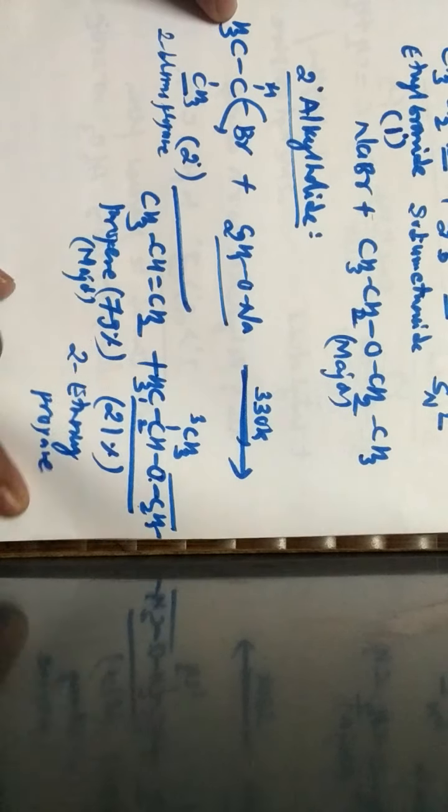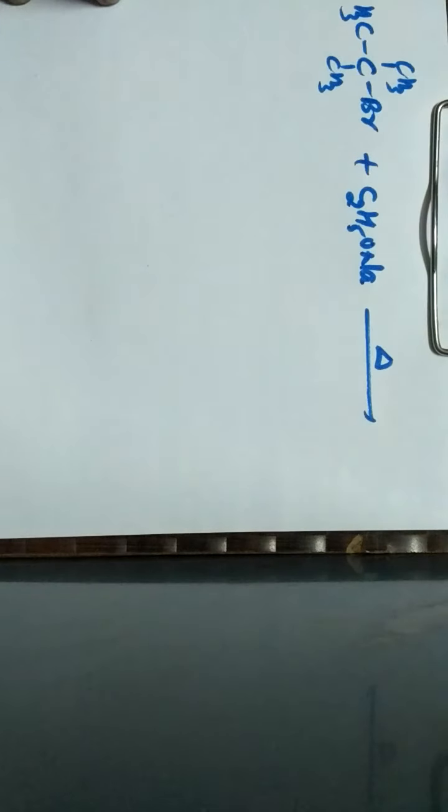Now let us discuss a chemical reaction when tertiary alkyl halide is involved. For example, when I take a tertiary alkyl halide, this is known as tertiary butyl bromide. When this tertiary butyl bromide is again made to react with sodium ethoxide, here just warm the reaction.